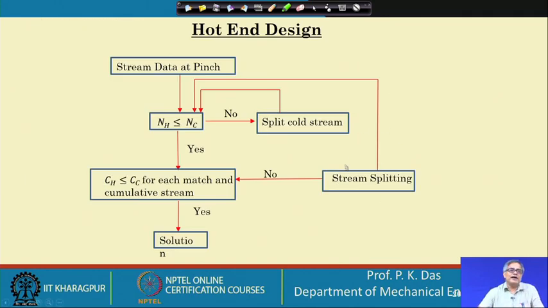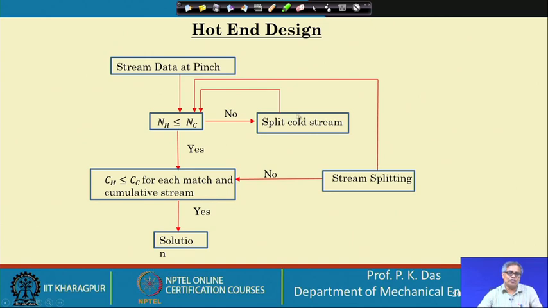So, for hot end design, the number of hot streams should be less than or equal to the number of cold streams. If not, what do we have to do? We have to split the cold stream. If we split the cold stream, the number of cold streams will increase, and then we have to check again whether the number of hot streams is higher than the number of cold streams.